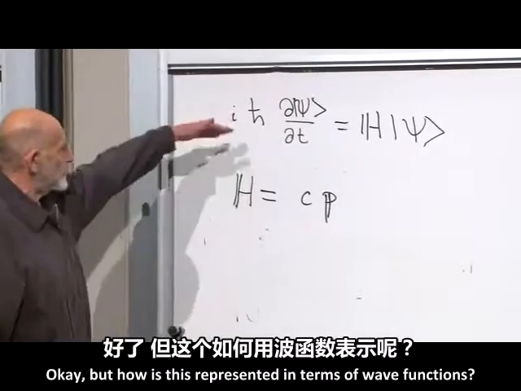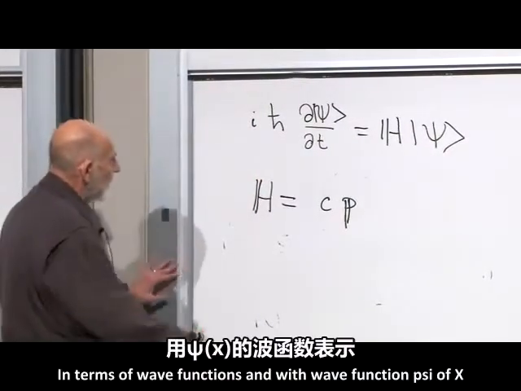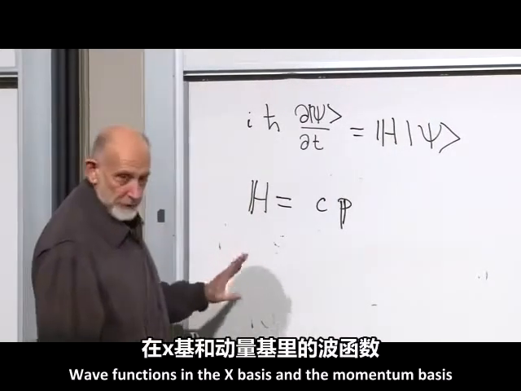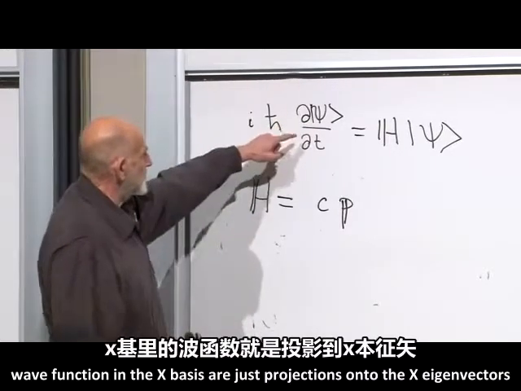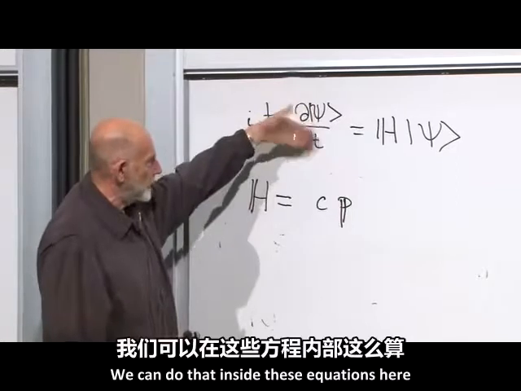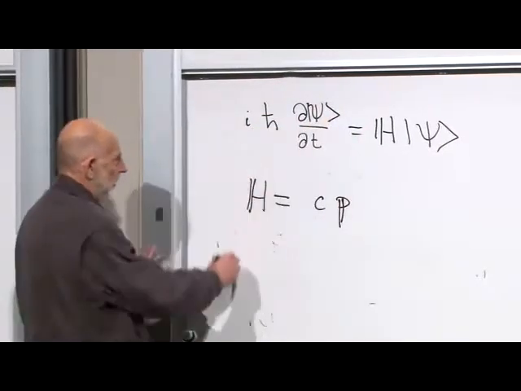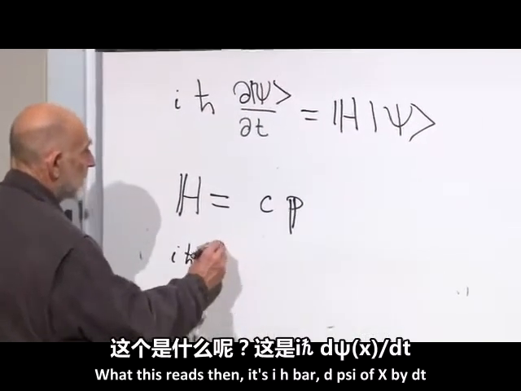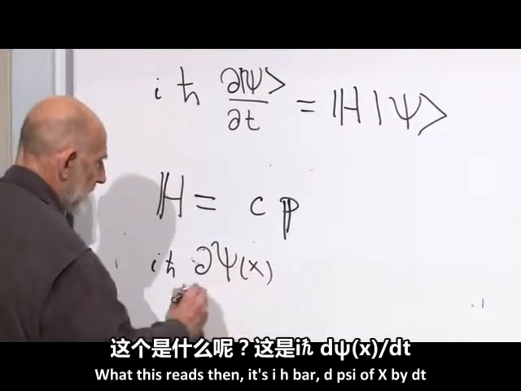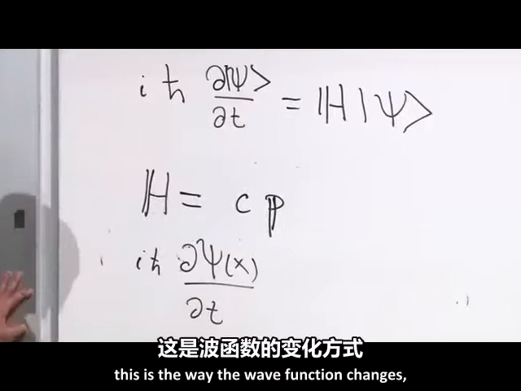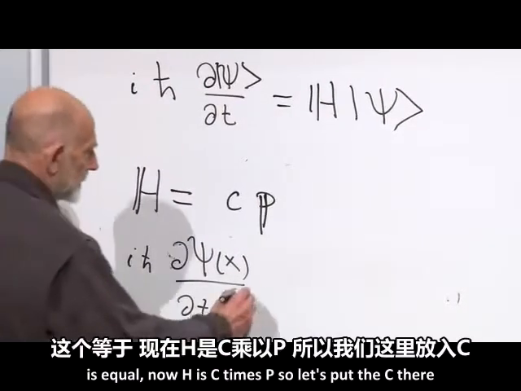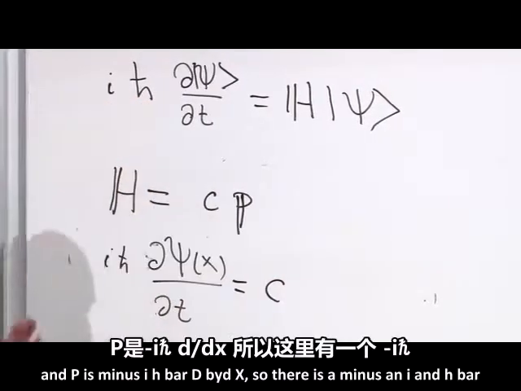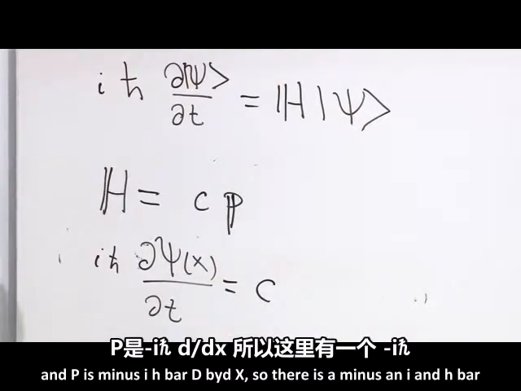Okay, but how is this represented in terms of wave functions? Wave functions in the x basis are just projections onto the x eigenvectors, and we can do that inside these equations. What this reads then is i h bar d psi of x by dt, the way the wave function changes, is equal to, now H is C times P, so let's put the C there, and P is minus i h bar d by dx.